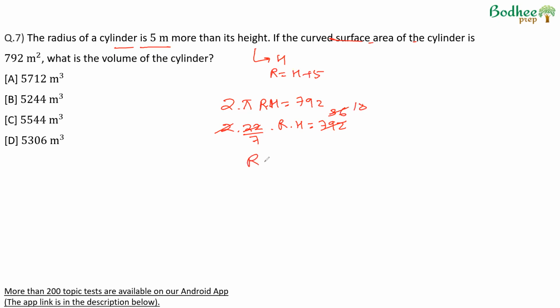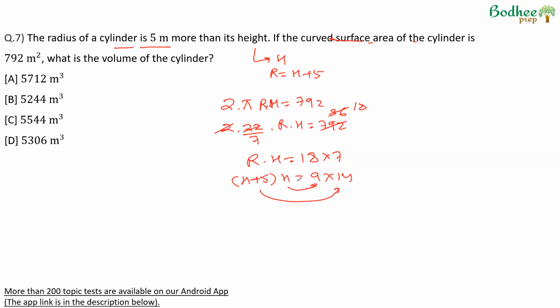So r into h comes out to 18 into 7. We know that r is nothing but h plus 5. There are two numbers who have a difference of 5, and their product is 18 into 7. If we rearrange this, we can say h plus 5 into h is equal to 9 into 14. So h becomes 9, h plus 5 becomes 14.